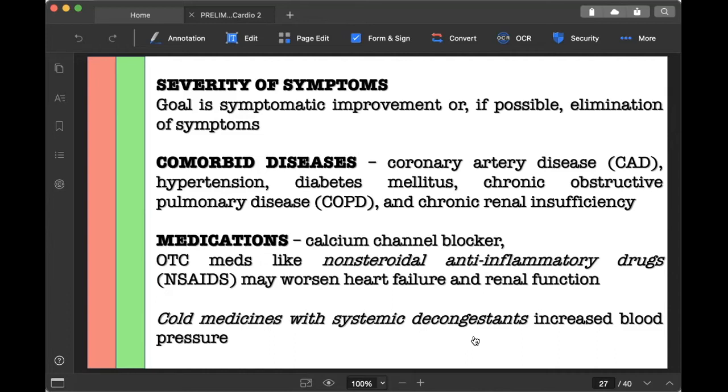That is why every time that you're going to give medication to your client and you know that there's a contraindication or it will worsen the situation of the client, you need to go to your attending physicians first. Okay. Cold medicines with systemic decongestants increase the blood pressure. Of course, these cold medicines can actually increase blood pressure compared to other medicines. Okay.